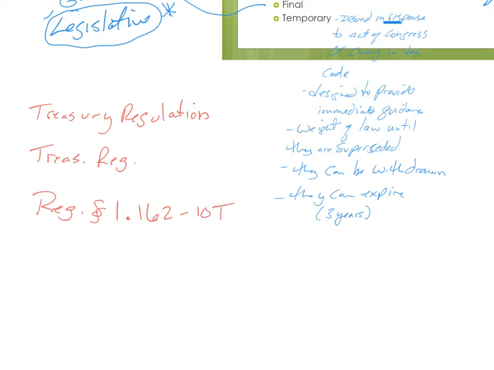What does each one of these numbers mean? All right, well, let's go through that because that's important to know. Because that's going to tell you a lot about this particular regulation. All right, this first number tells you the type of regulation. All right, and there are some common ones.